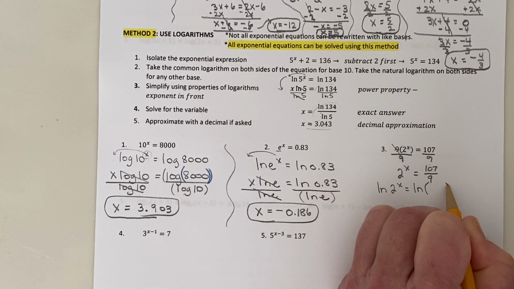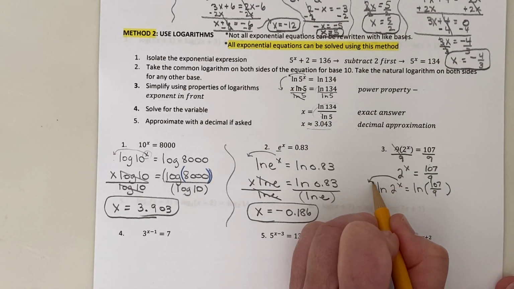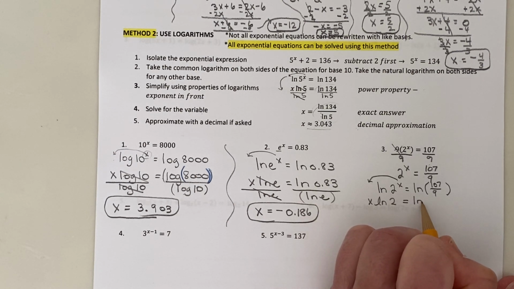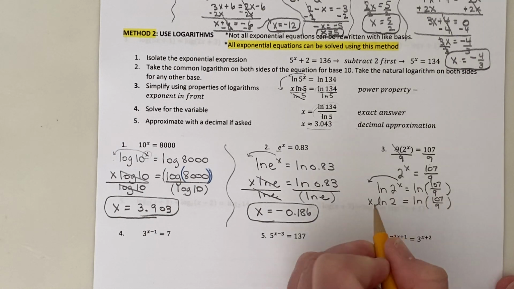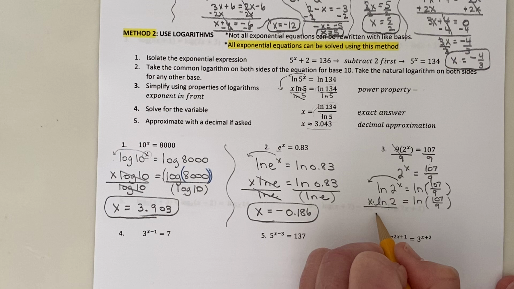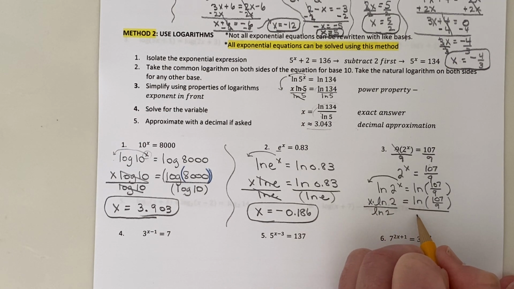Now be careful over here and rewrite it as a fraction. And I'll just rewrite this. Okay, we want to solve for x. We're multiplying by ln of 2, which is just a number, so ln of 2 here. It doesn't matter.